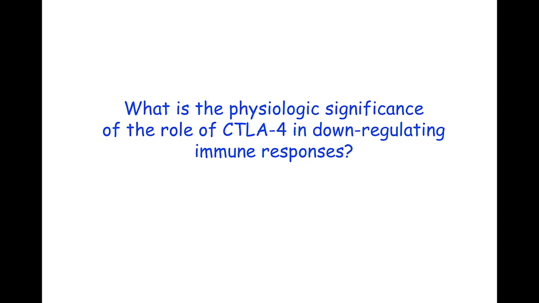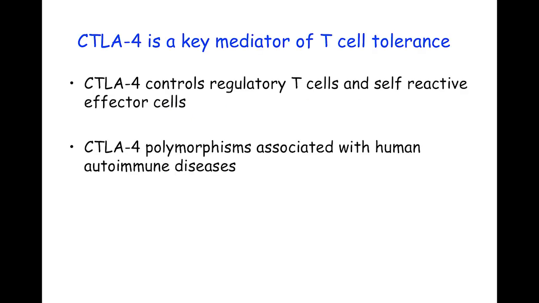So what are the physiologic functions of CTLA-4 and its inhibitory functions? When we go back to the phenotype of the CTLA-4 knockout, that suggested that CTLA-4 may have a role in controlling tolerance and autoimmunity. And indeed, studies by my lab and others have shown that CTLA-4 does control regulatory T cells and self-reactive effector cells and regulate autoimmunity.